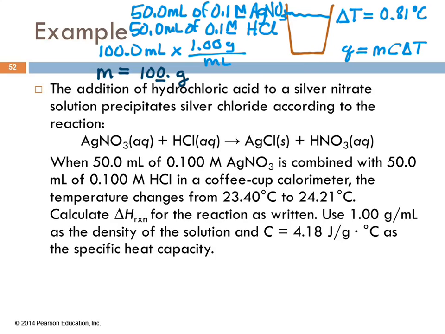And that will be equal but opposite in sign to the heat given off, Q given off by the reaction. So Q is going to equal the mass times the specific heat capacity, joules per gram degrees Celsius, times the change in temperature.